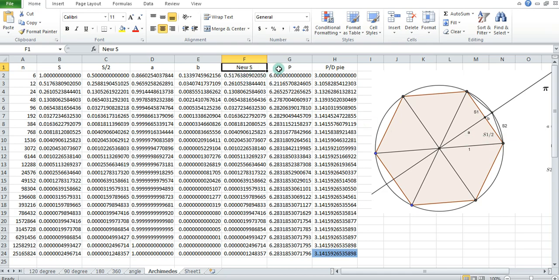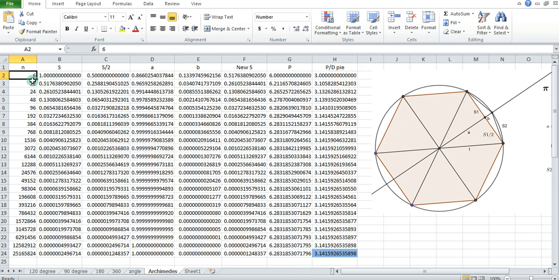And P is the perimeter of that polygon, and this is the value for pi. Pi is the constant value for every circle. The ratio between the circumference and diameter is constant, that is pi. That value pi is here. So let's do it one by one.